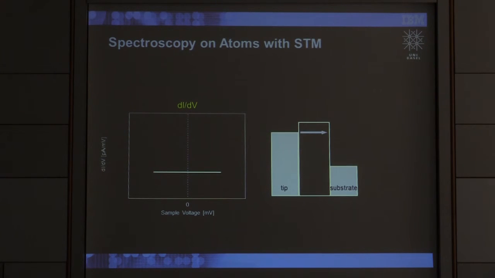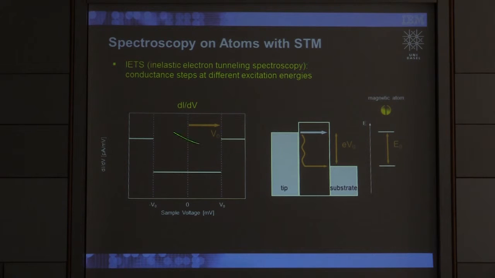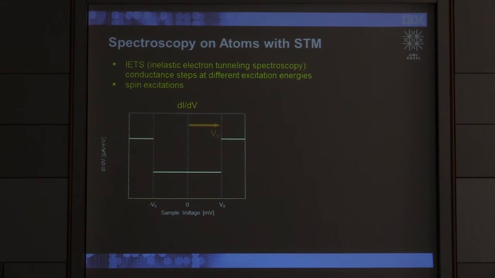Once your bias is large enough that you can actually excite something in your atom, that could be a vibrational excitation or a spin excitation, you open up a second conductance channel, that appears as a step in conductance. So in our case, we are talking about spin excitations.